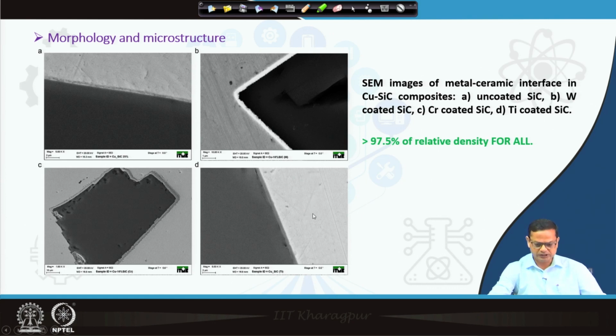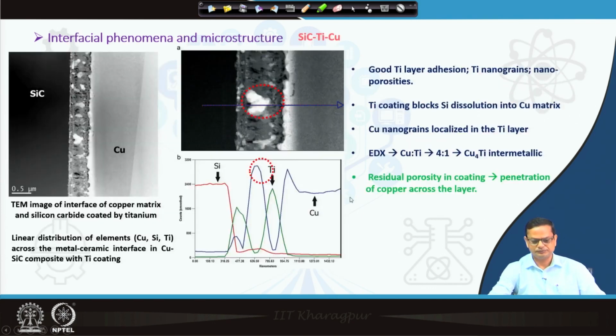Let us look at a little higher magnification at how the interface is. The first one shows the SiC particle, and on this side you have the copper matrix, and in between you have this titanium coating. So, this SiC particle was coated with titanium, and the first thing you can see is that the interface on both sides is quite adherent.